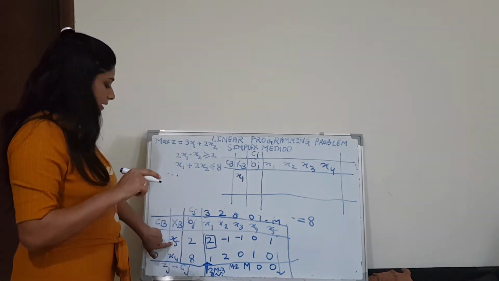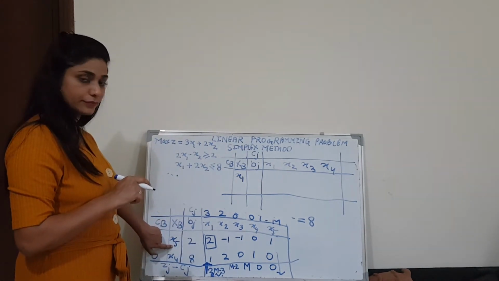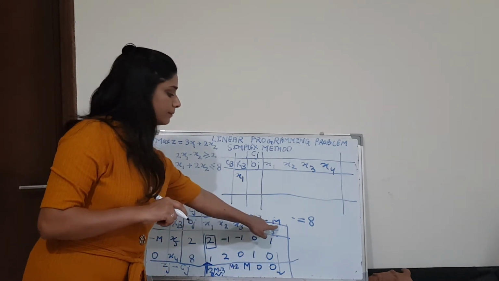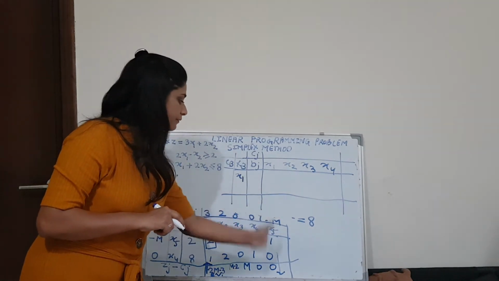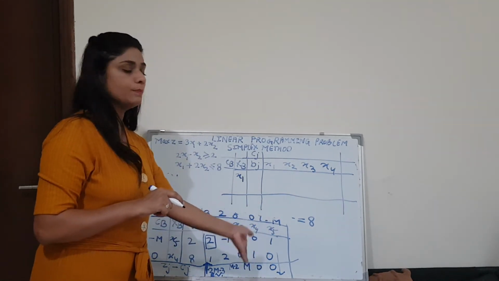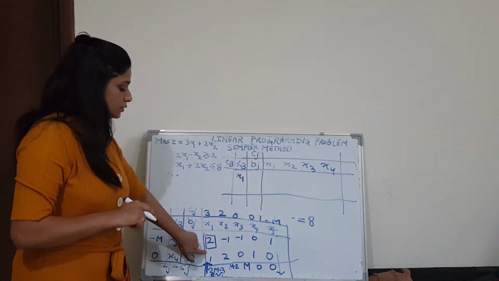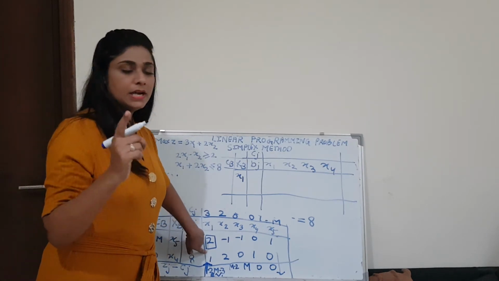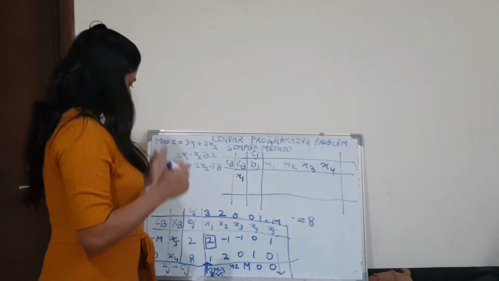Now we will see which variable is written here. So this is x5, and in this column we have minus m. We have an artificial variable, so that's why we removed this column from the new simplex table. Then the place where we get the outgoing vector, we will make 1 there, and upper and lower side we will make 0.